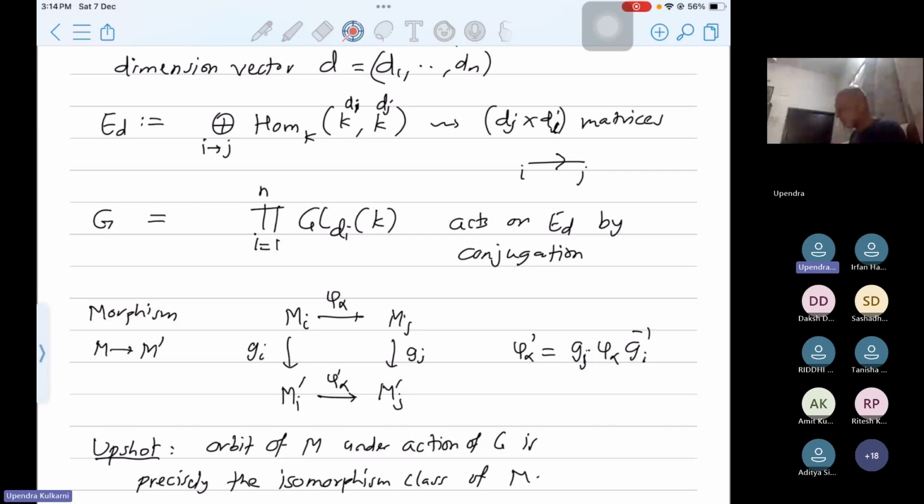But now I'm just going to identify all the M_i, M_j with k to the d_i and k to the d_j. So this boils down to saying that I should take all such matrices, but I should consolidate a family whenever I have a set of matrices on which this action is there.